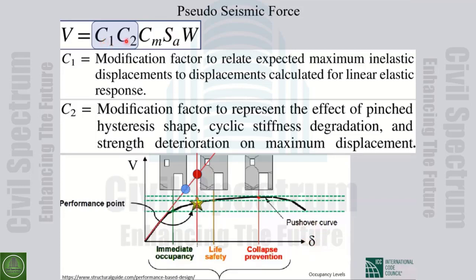So C1 and C2 will try to increase the V if needed, so that when we put that increased level of base shear on the building, we get the same displacement that the building experiences in the earthquake.